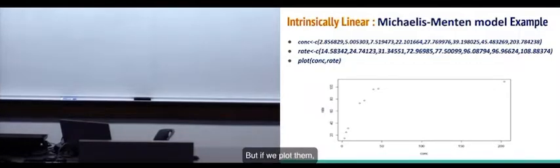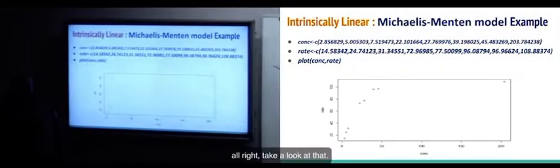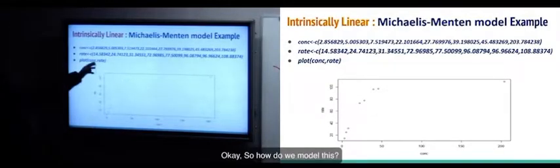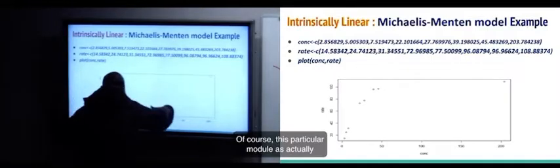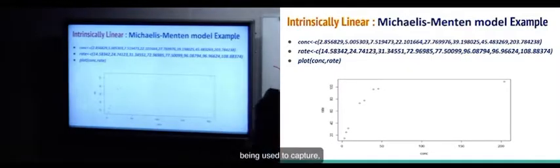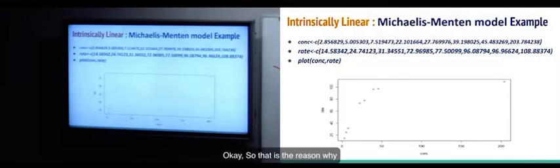By the time we plot them, when you generate the scatter plot, you can see this is not a straight line at all, right? It's not a straight line at all. So how do we model this? Of course, this particular model has been used to capture that, and it works for something like that. That is the reason why we want to try using it now.